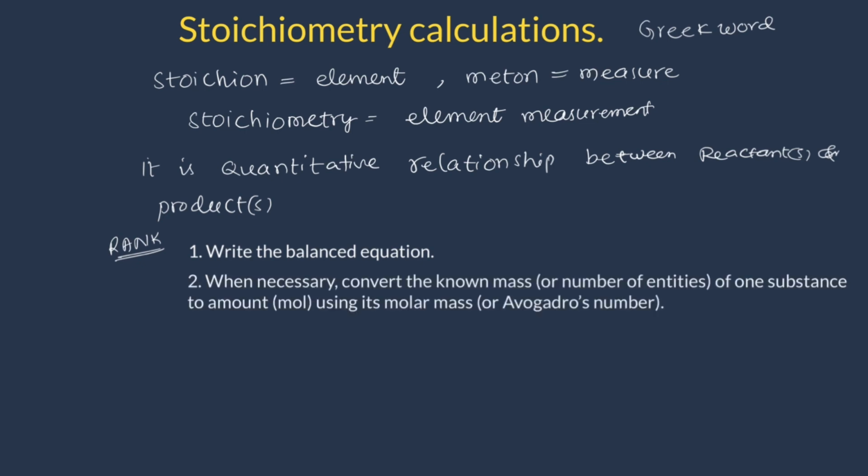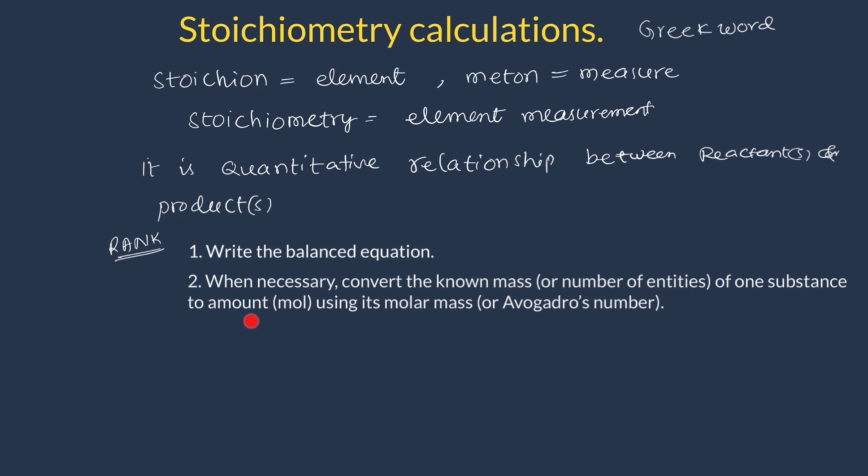The second point is, when necessary, convert the known mass, because sometimes they may give the mass of the reactant or product, or sometimes the number of entities, meaning atoms, molecules or ions, of one substance.